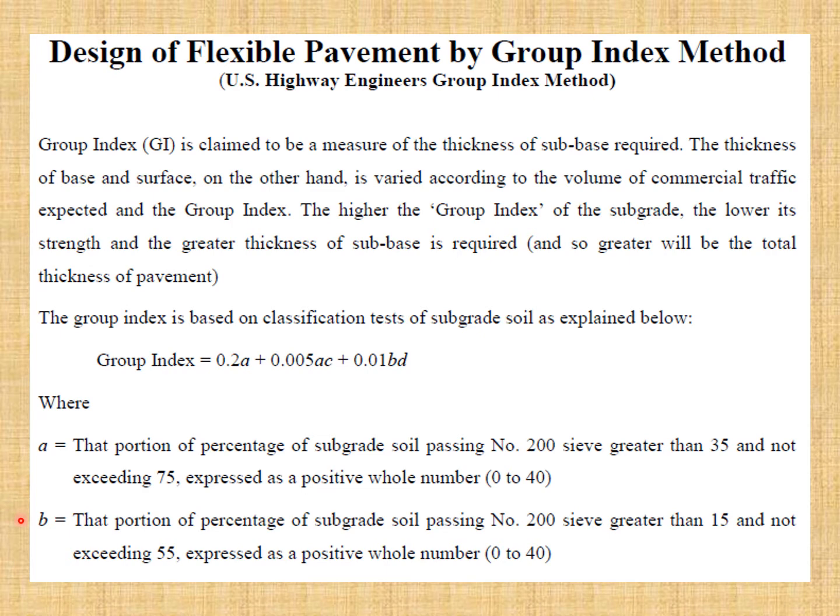Now look at B. B is that portion of percentage of subgrade soil passing number 200 sieve greater than 15 and not exceeding 55, expressed as a positive whole number, again from 0 to 40. So the formula for B is F minus 15, and here F means the percentage passing through sieve number 200. And if the B value is coming negative, it will be taken as 0, and if its value exceeds 40, it will be taken as 40.